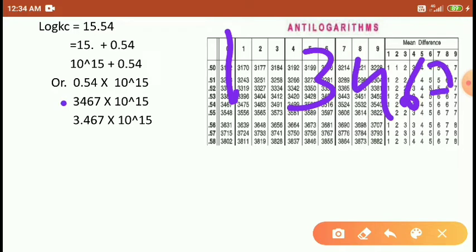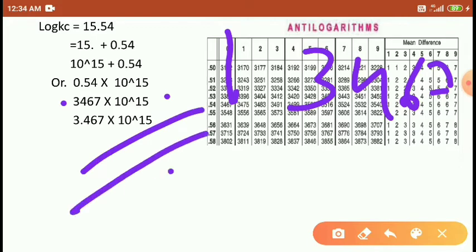So we write 3467 into 10 to the power of 15, with the decimal point placed after the first digit. Right, students? So this is the equilibrium constant between the copper and silver.